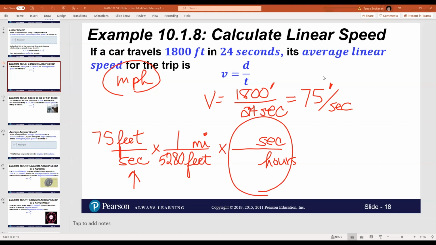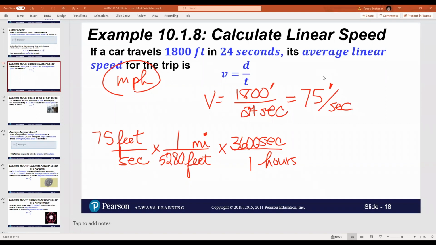Well, yeah, if I think about it hard enough, 1 hour is 60 minutes. Each of those minutes is 60 seconds. So 60 times 60 tells us there's 3,600 seconds in an hour.